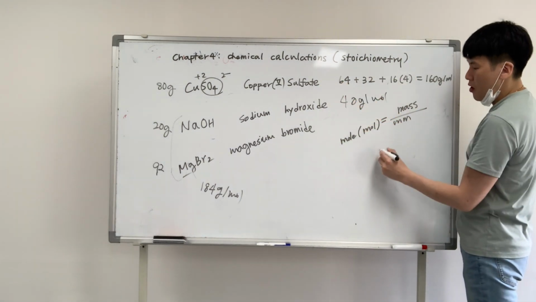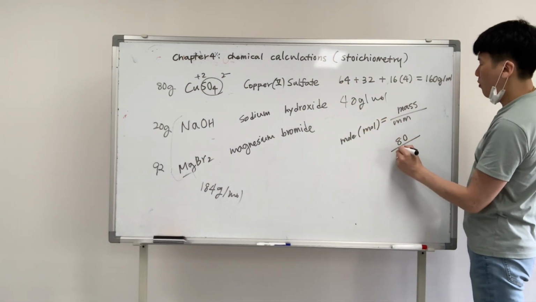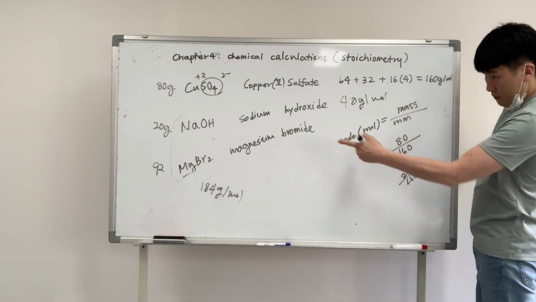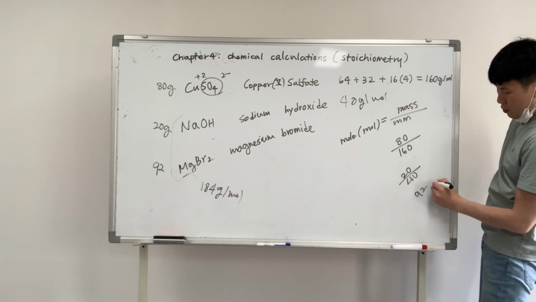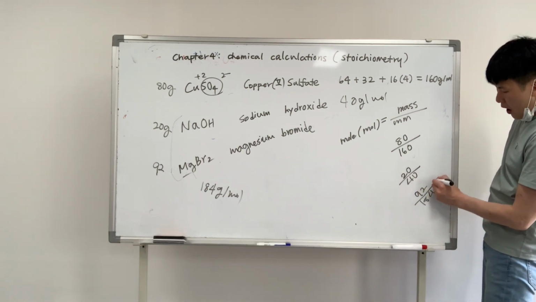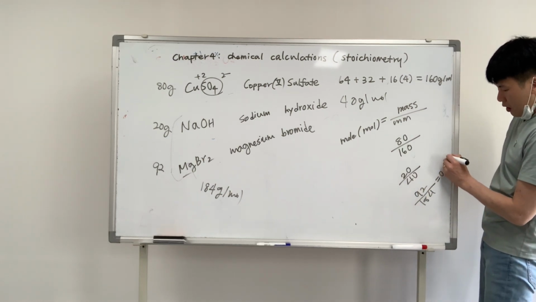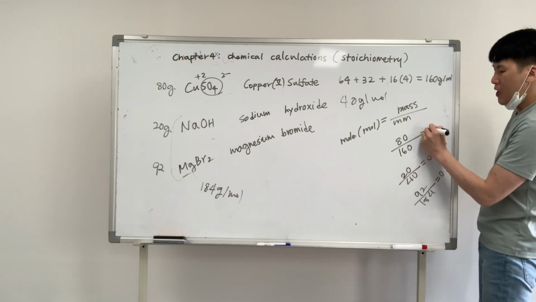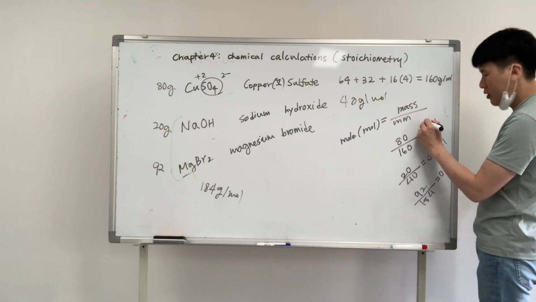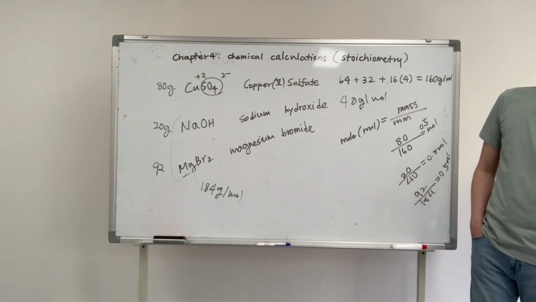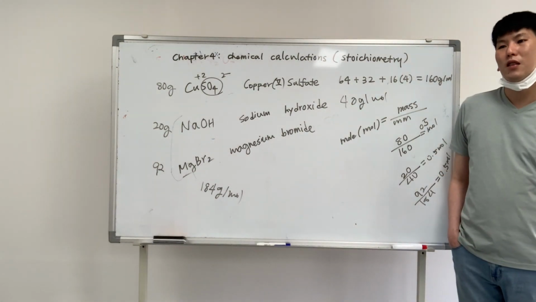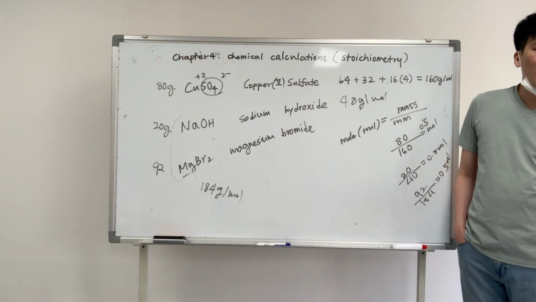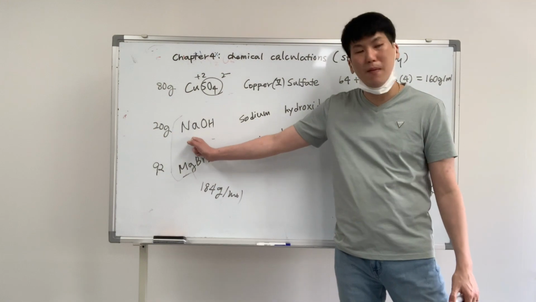Accordingly, if you try this, 80 over molar mass, 160. 20 over 40. That's 92 over 184. We get 0.5 mole, right? So that's the basic concept of mole. Just know mole is mass over molar mass. Okay? Alright. Got it? Mass will be given in the problem.